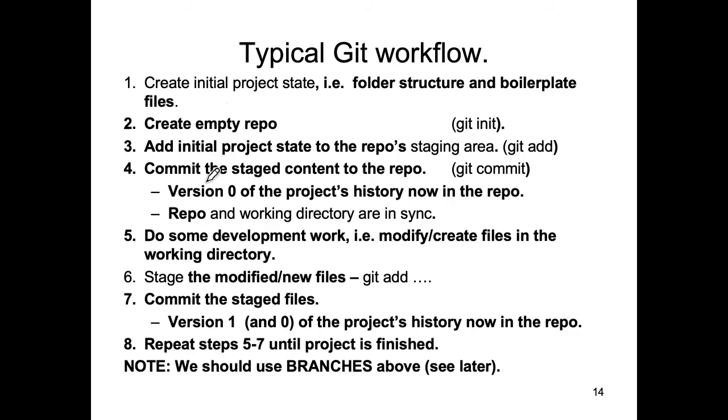So in a sense, it has a complete snapshot of my project folder and file structure as I created it initially. Now we can say that the repo and my working directory are completely in sync. You have to be comfortable with the language I'm using here. My working directory and my repository are in sync with one another.